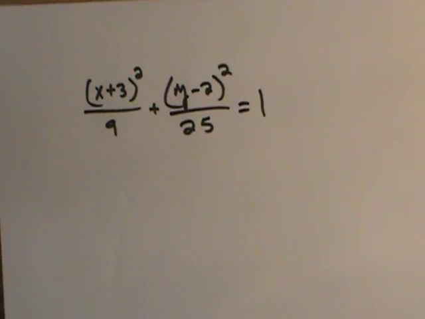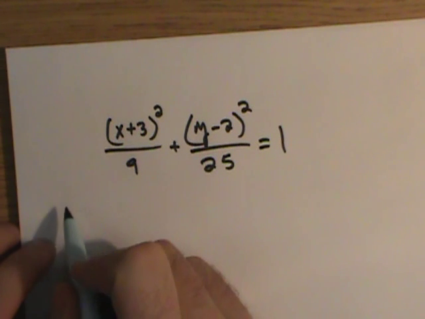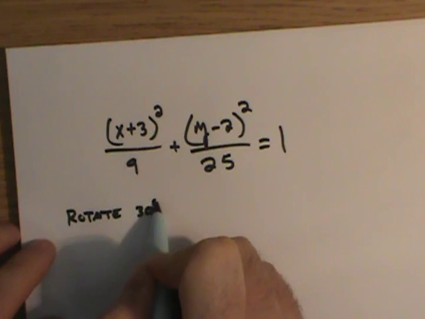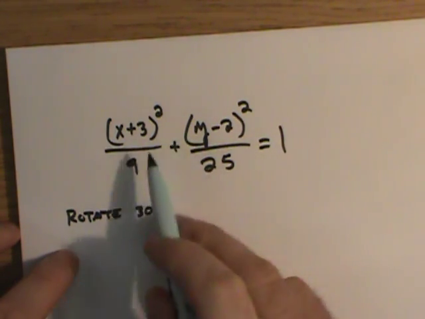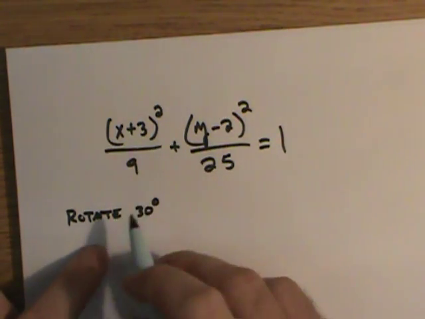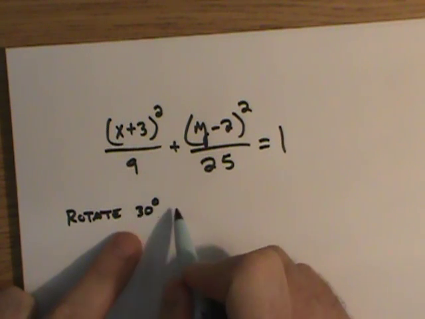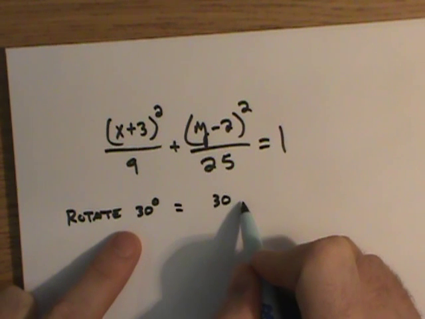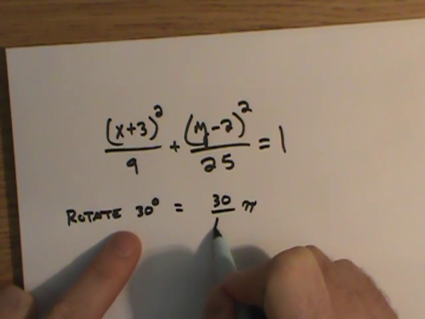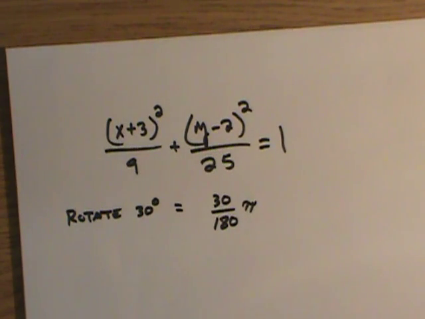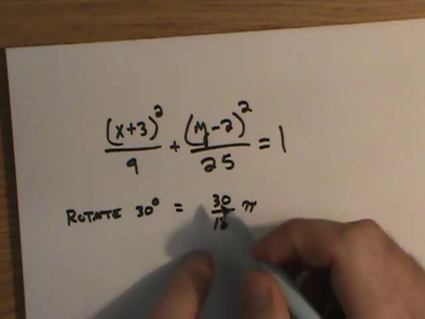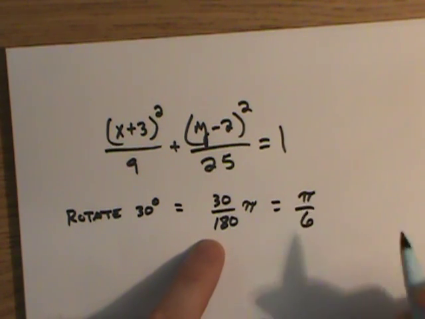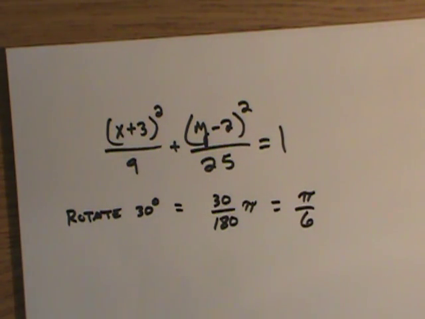If I want to rotate this, say 30 degrees, but keep the center of that original ellipse, the first thing you want to do is figure out what 30 degrees is. In case you forgot already, you go 30 divided by 180. That's going to be pi over 6. So that's the angle that I'm going to work with. Everything's going to be pi over 6.